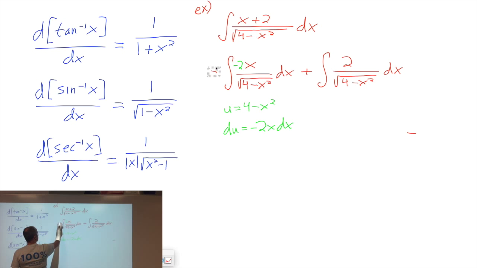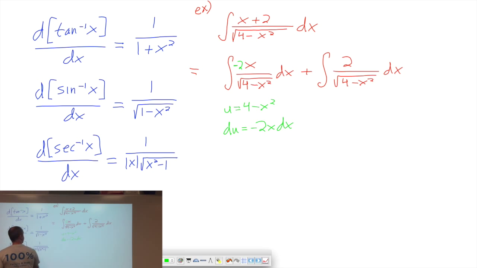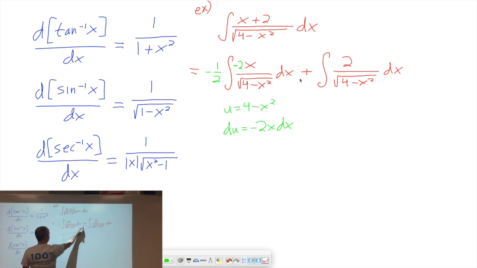and I can just make a little more room for myself over here. And I can put a negative 1/2 out in front of my integral to balance out the negative 2, and now I have an inside function and its derivative.